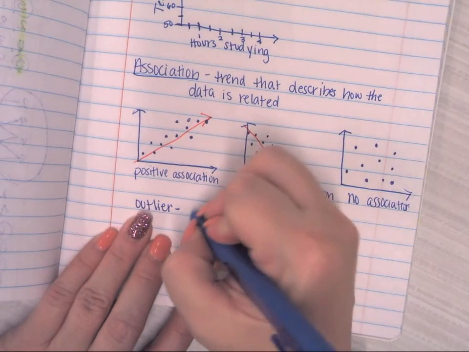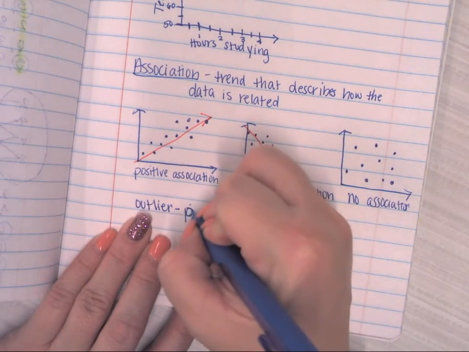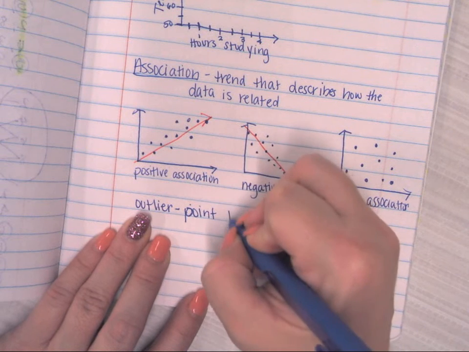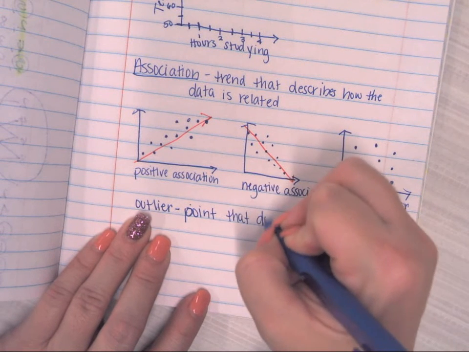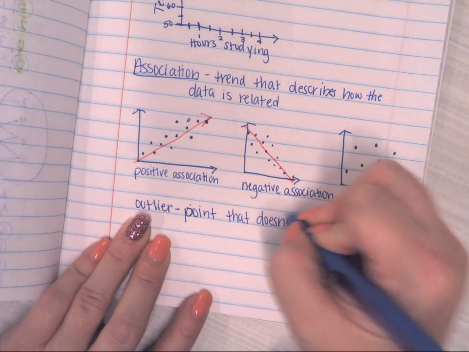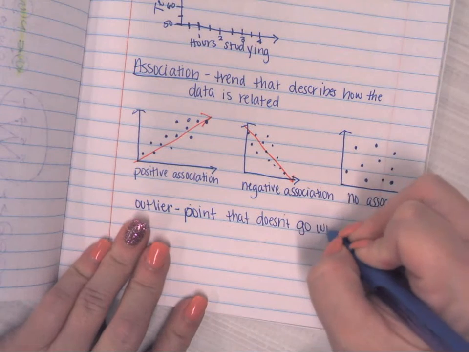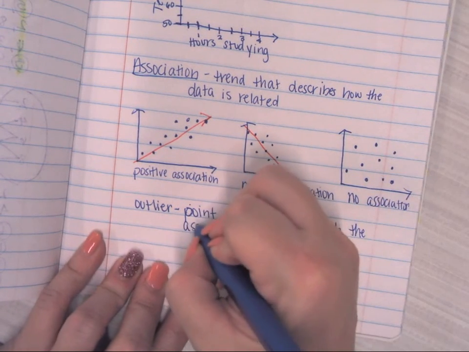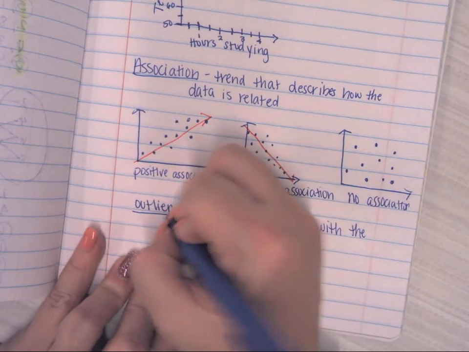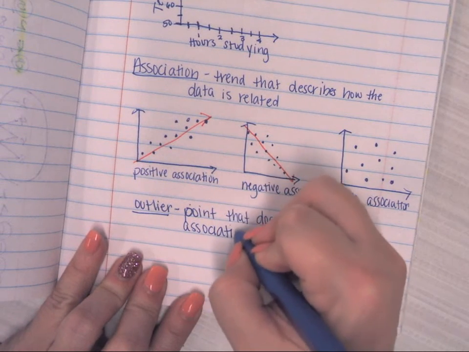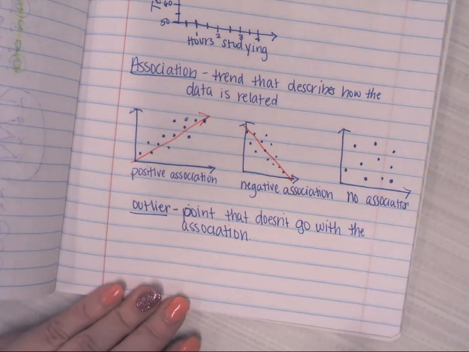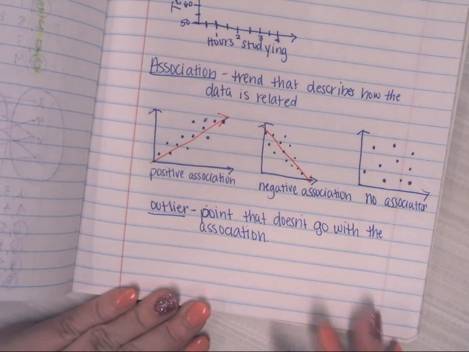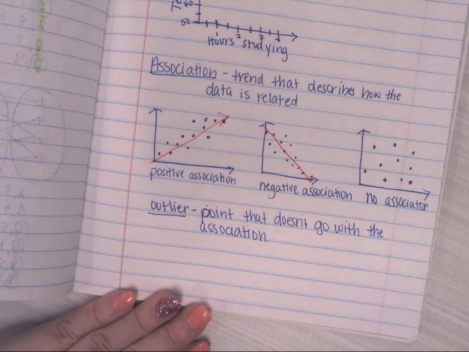It's a point that doesn't go with the association. Okay, it's called an outlier.